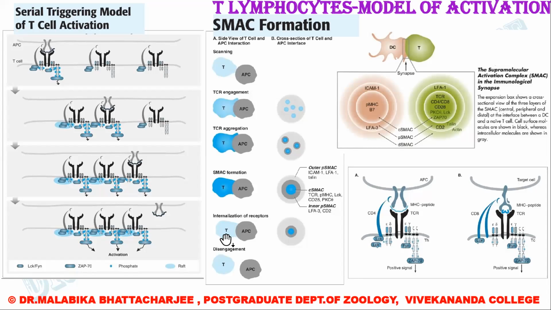So as you can see, once the T cell signaling activation has been done at the ligand receptor level, the T cell starts gradually disengaging from the antigen presenting cell, and this T cell is now an activated T cell which will now differentiate and proliferate.